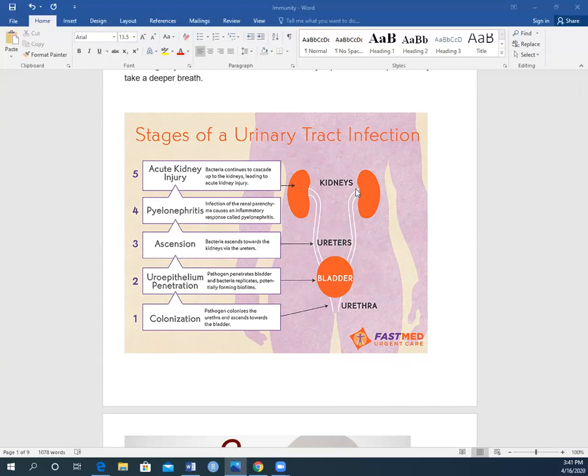So if you have inflammation that increases too greatly or occurs too long, then you can cause that bacterial infection to back up into the kidneys, which, if it is allowed to continue too long, can actually cause kidney injury.